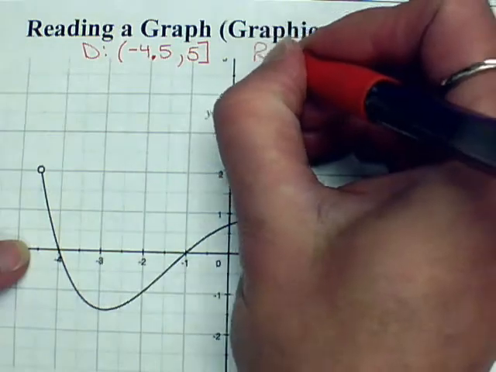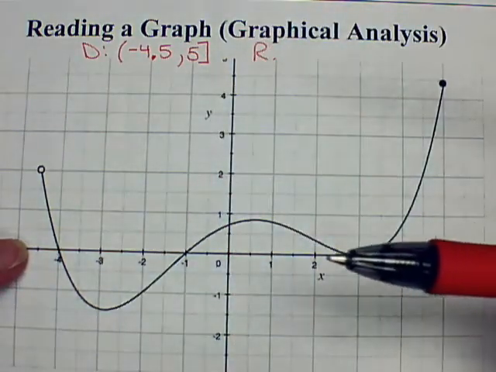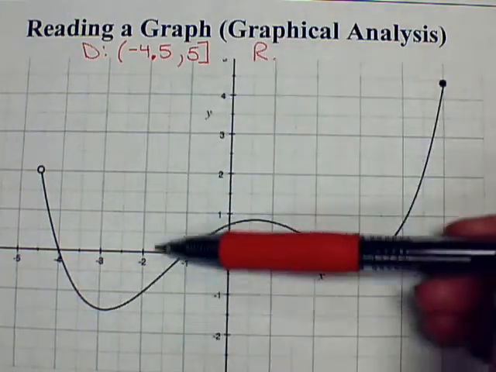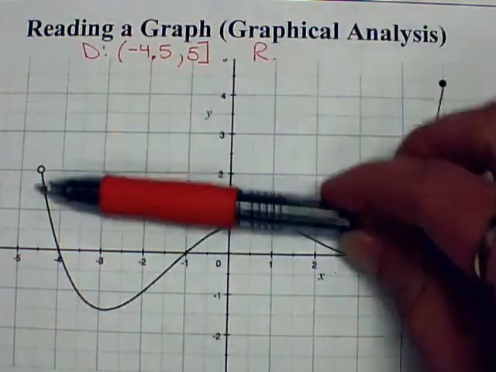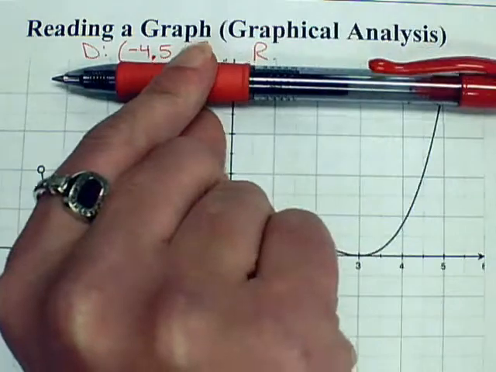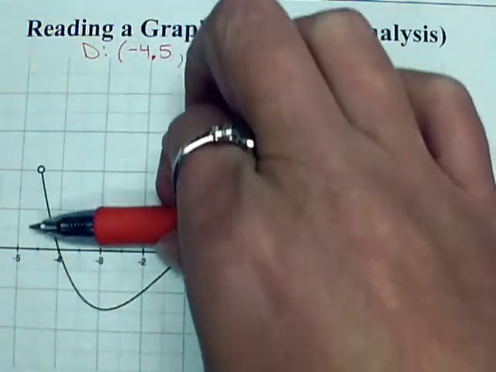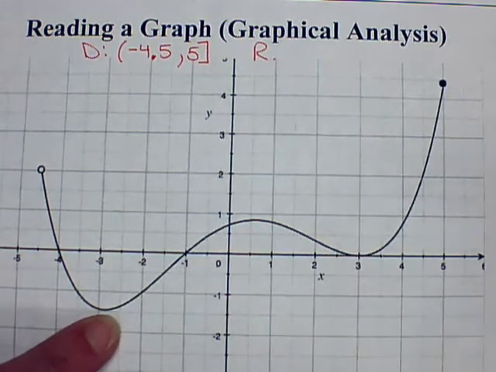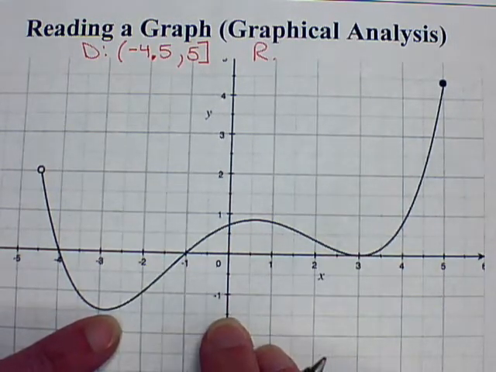Now the range would be the y values associated with points in this graph. So I'm looking along the y-axis. And sometimes if you hold a pen, that can help. I see I have a top boundary up here. Let's go down. I have a lower boundary too. Now I'm not even sure if it's touching down there, but I'll go ahead and include it anyway.